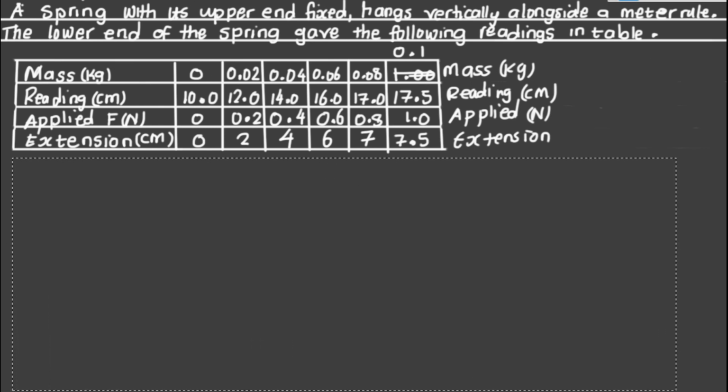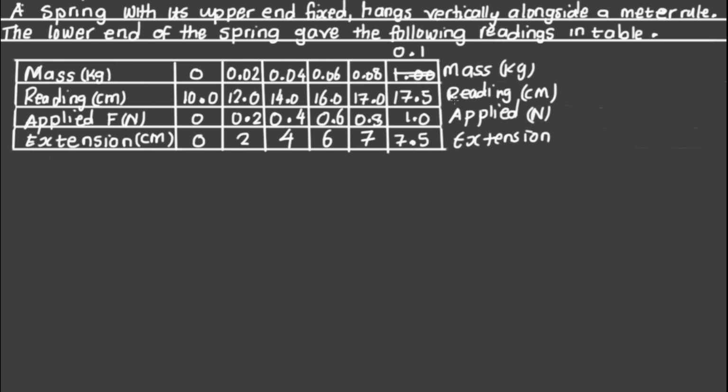Now if you look at a point, when you are adding objects to a spring, it is going to reach a point where its extension will start to reduce until it stops. And from the numbers, if you look at our first number from 0 to 2, the extension was 2. Then 2 to 4, the extension was 2. 4 to 6, the extension was 2.